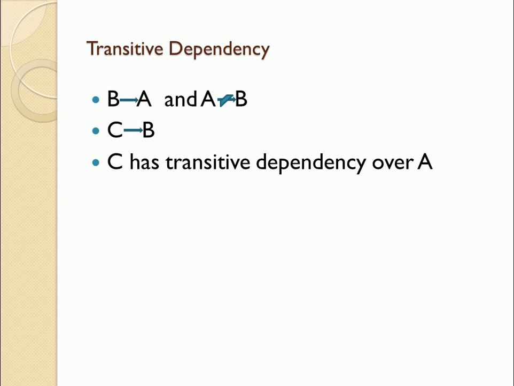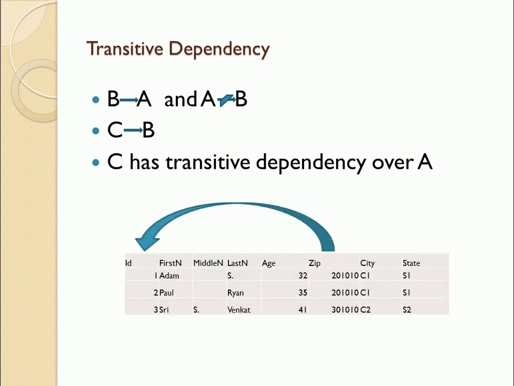So let's try to understand this through our example database. We have a column zip code and a column ID. Zip code is dependent upon column ID. That means if you know the ID of an employee, you can easily query the zip code of an employee. However, the opposite is not true. If you know the zip code of an employee, you can't tell the ID of the employee. So here column A is ID and column B is zip code.